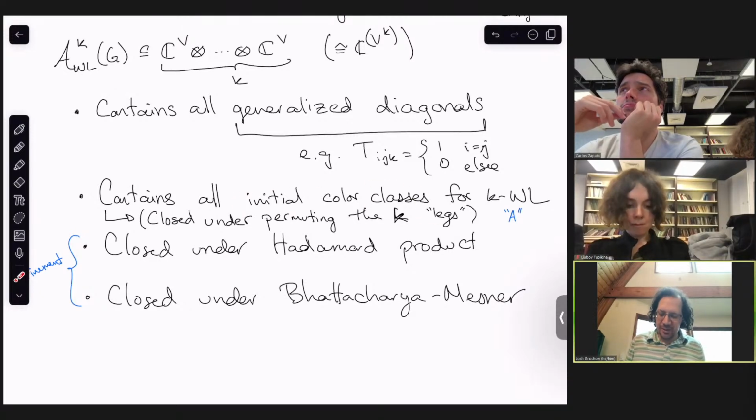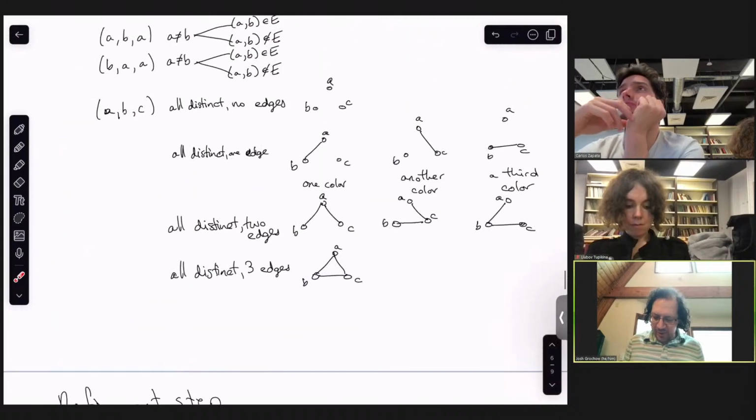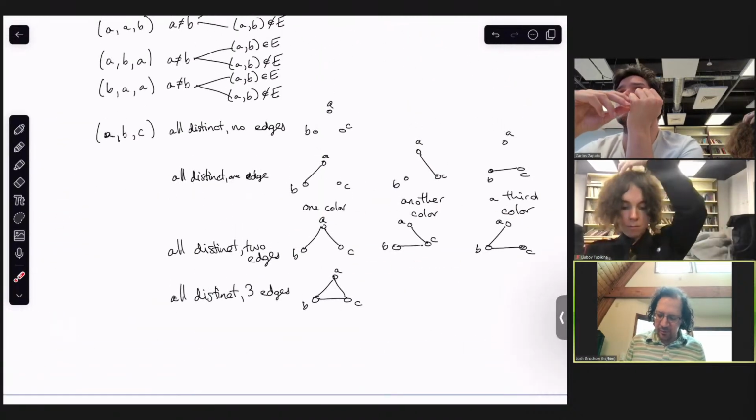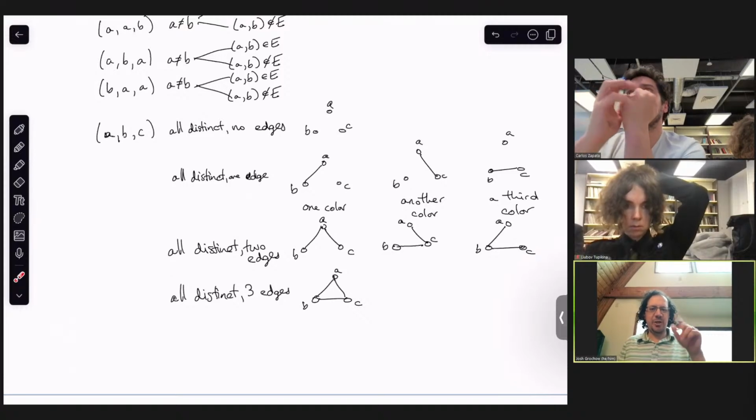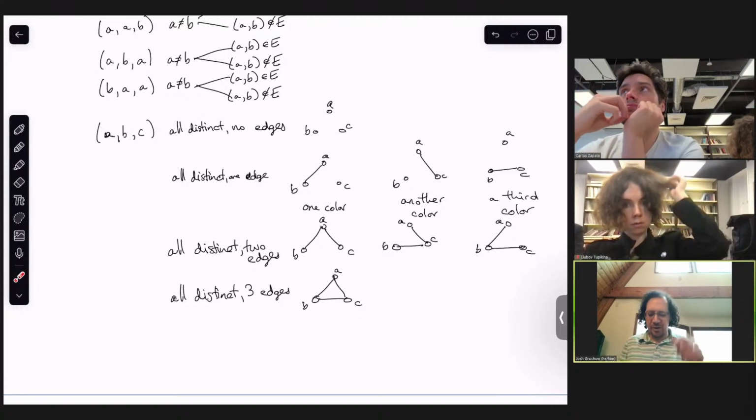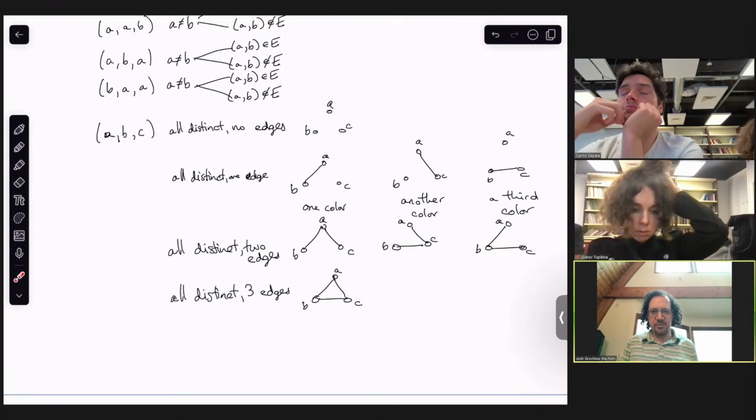The other thing to notice here, I now want to come back to this, is remember how I said in these initial color classes, we had things like this, where this is one color class, this is another, this is another. These three color classes, if you think of these as third order hypermatrices, differ just by transposing some of the legs. I've just put my things in a different order.